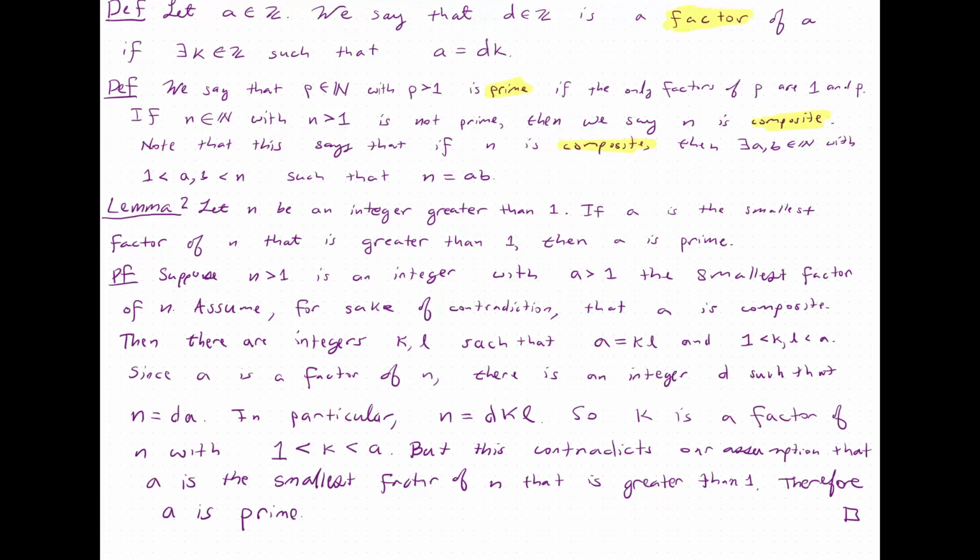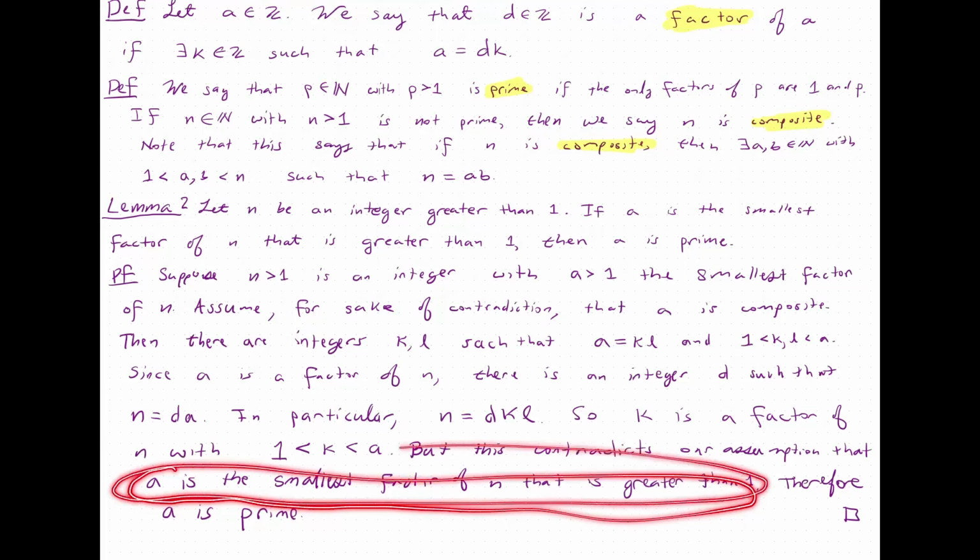And so what we did was assume P and not Q. And what we ended up deducing is that P and not Q implies our proposition C, which is: the smallest factor of n that is greater than 1 is A, and A is not the smallest factor of n that is greater than 1. And so that's our C.